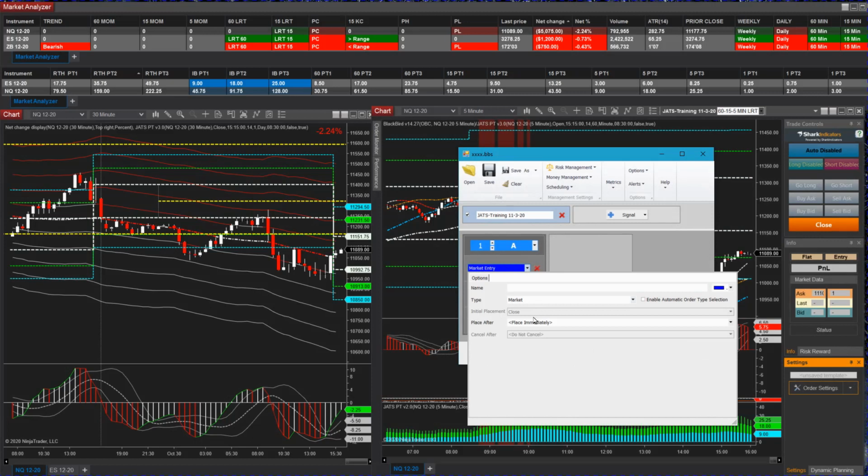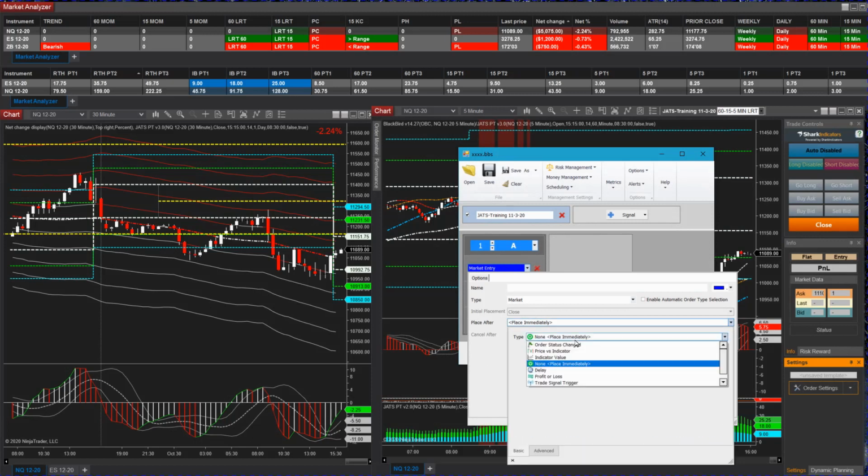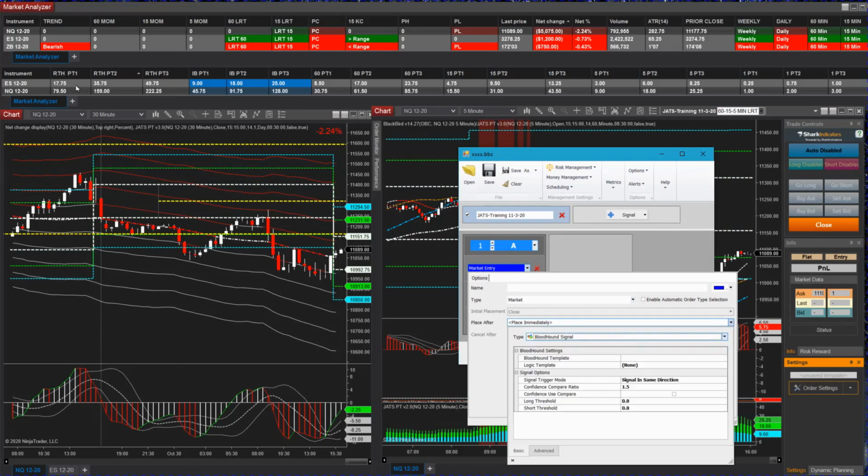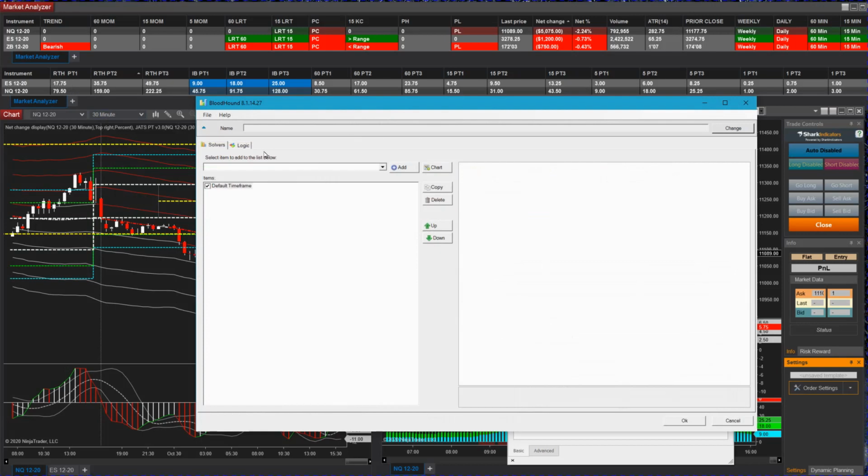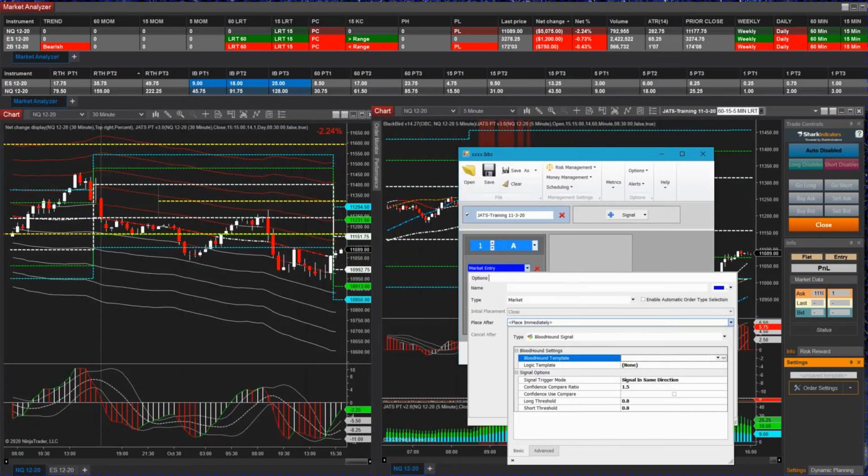So you can require this to execute on a conditional execution. And so you could put that Bloodhound template or any other Bloodhound template that you have as a requirement. So let me find it in here and add it.